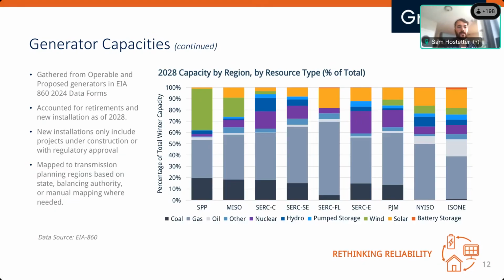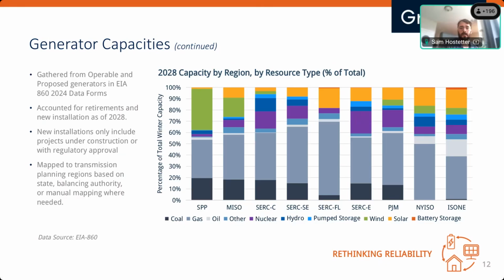This data was gathered from the EIA 860 data forms, specifically the 2024 versions. These capacities also account for retirements and new installations as of 2028. For the new installations, we only included projects under construction or with regulatory approval. And for retirements, we included all retirements with an effective date as of 2028.